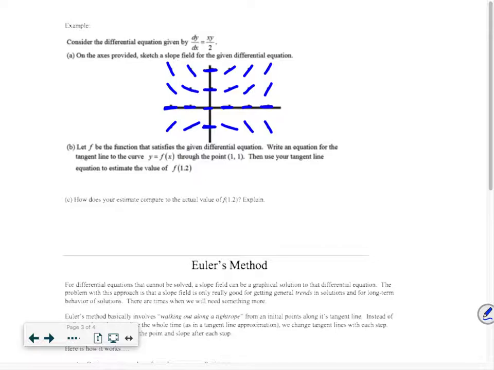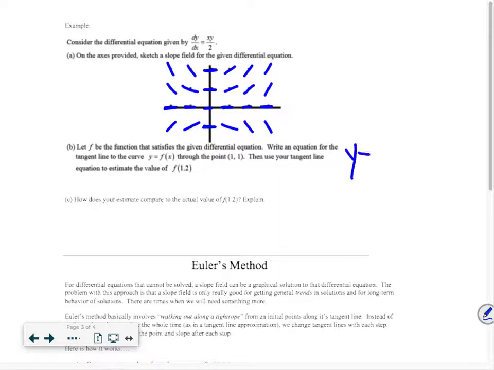Okay, but I do want to remind you what we can do with these. Actually having the slope field is really going to help us with part C. So, writing our tangent line equation through (1, 1), what is our slope there? 1/2.